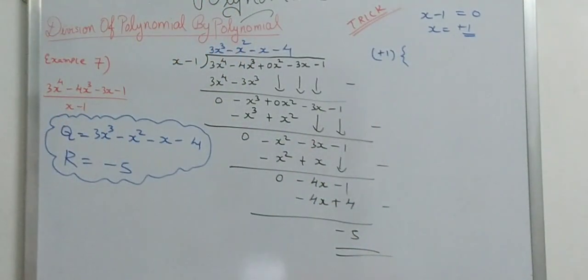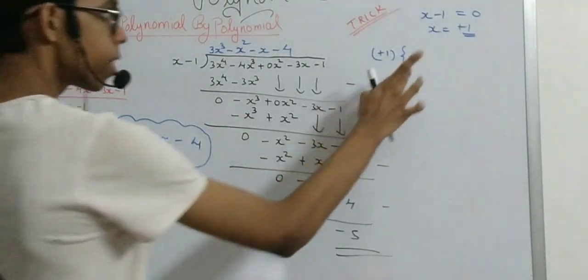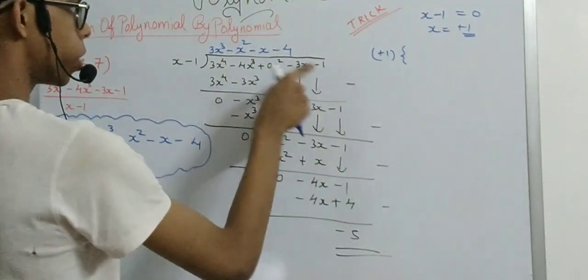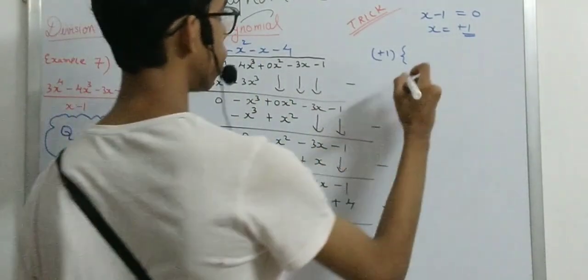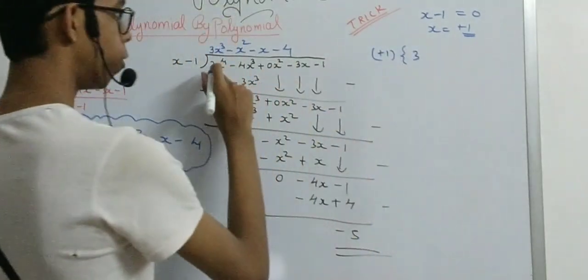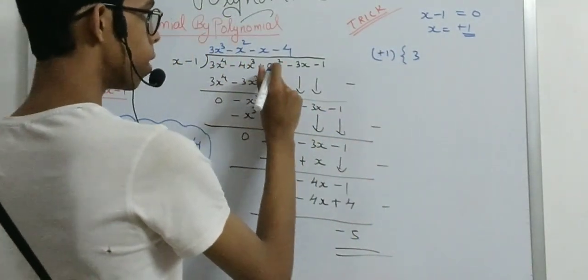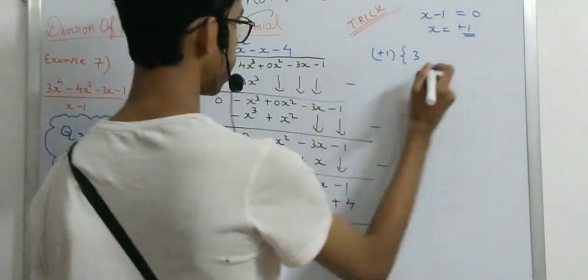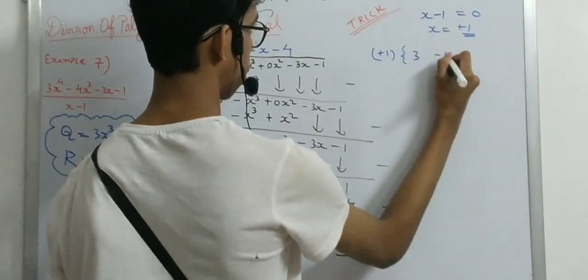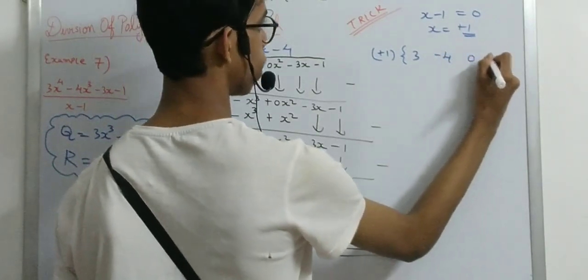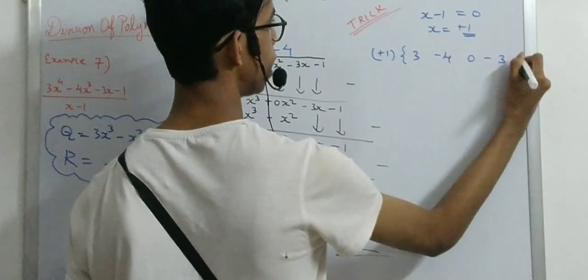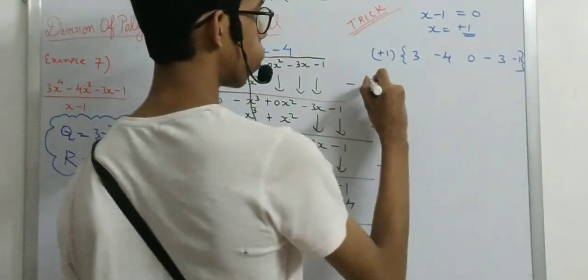Now what is the next step? The next step is we have to write the coefficients of the dividend, only the coefficients. So what are the coefficients? 3, minus 4, 0, minus 3, minus 1. Now what should you do?